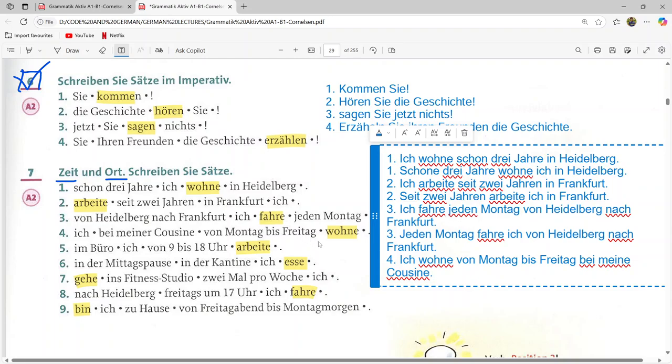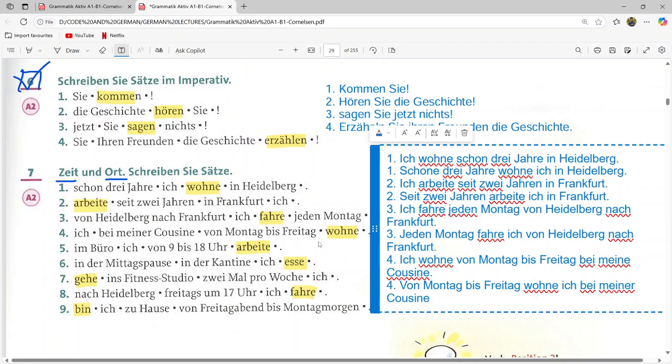So we can write von Montag bis Freitag, then the verb, wohne ich bei meiner Cousine.